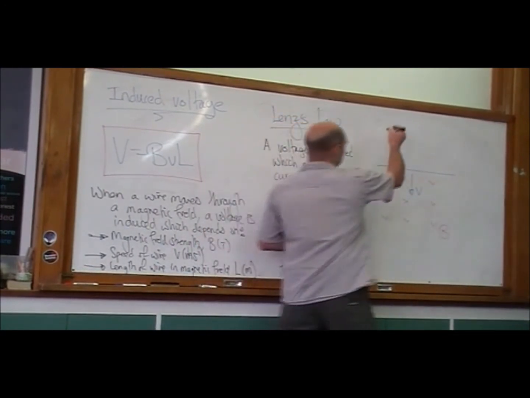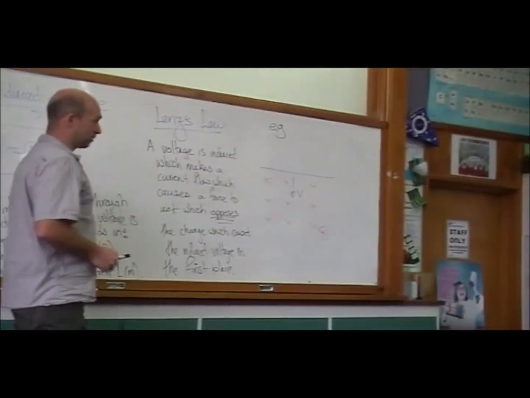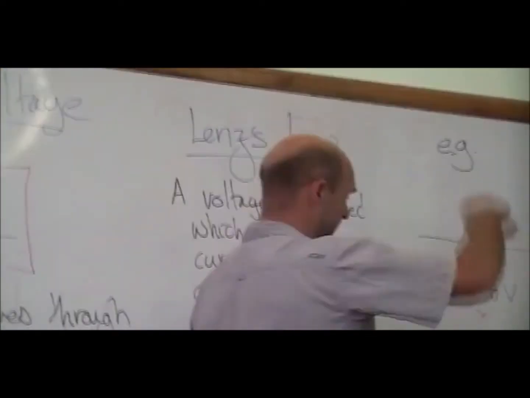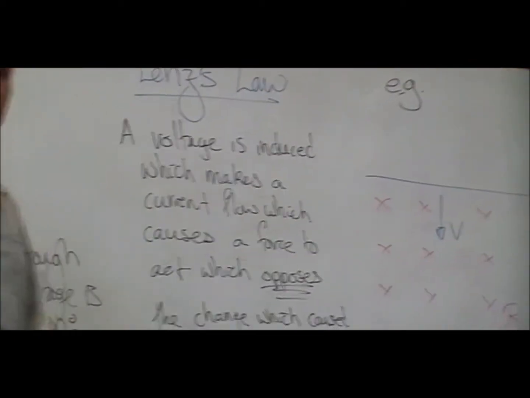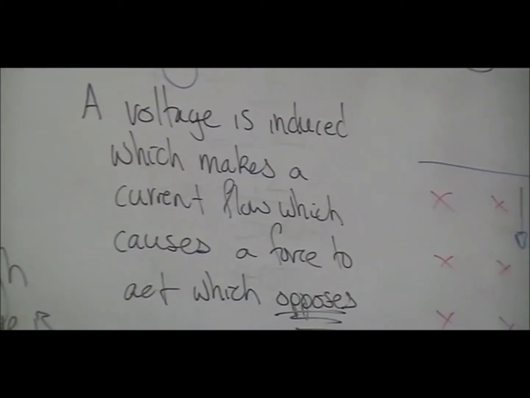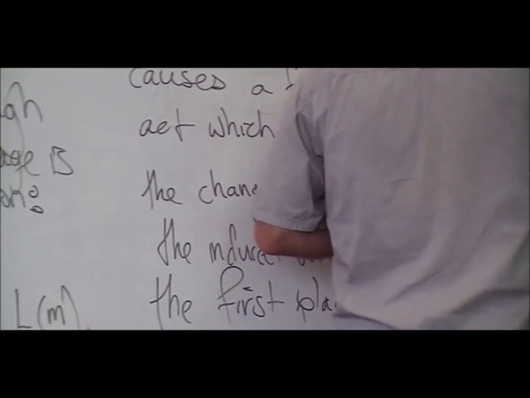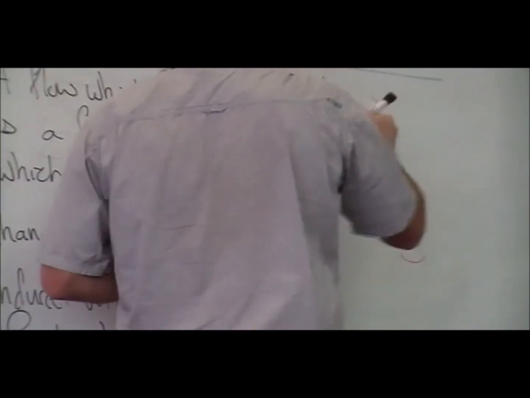So let's have a little look at an example. We've got our blue thing, there's a wire, and it's moving down through a magnetic field. What direction must the force be on that wire? By Lenz's law, the force is going to oppose the change.